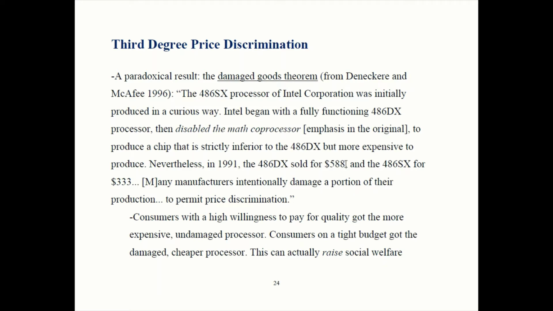So by intentionally damaging their own goods, they now have the possibility of price discriminating. They can now sort out the people with high willingness to pay who care about quality from the folks who have a low willingness to pay, and that can raise producer surplus and also raise social welfare.